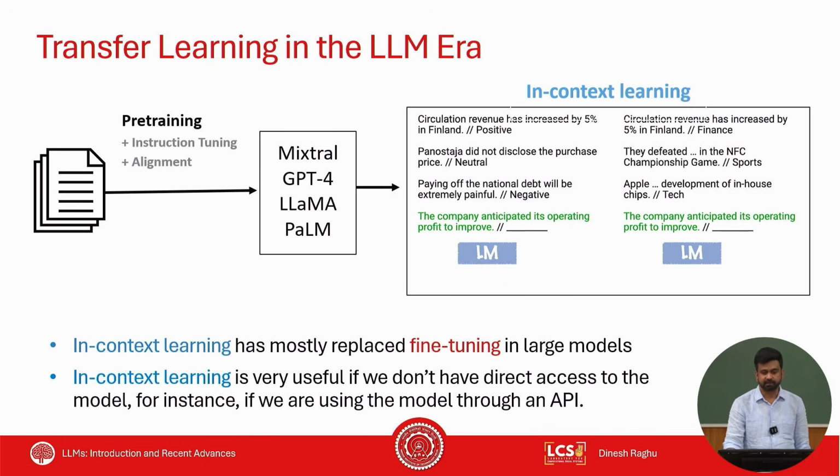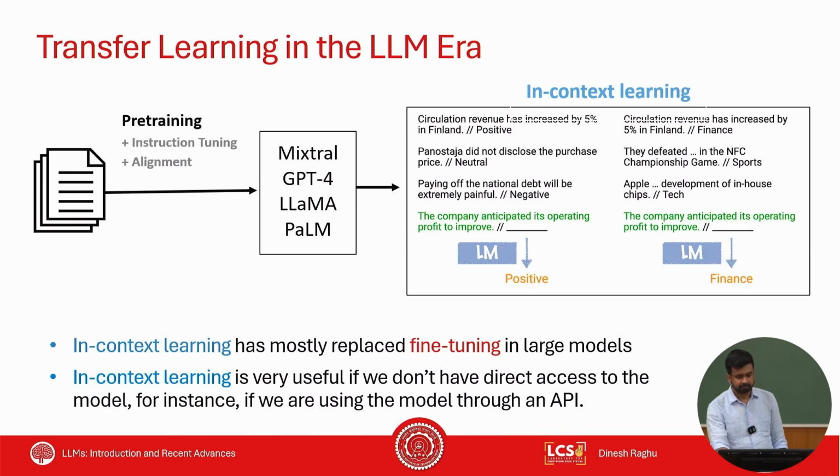Sometimes people specify a detailed set of instructions on how to solve the task. Sometimes people feed instructions along with some examples of input-output pairs so that the model learns better, right? So this was the beginning of a new era where we were able to solve a good number of NLP tasks by simply using in-context learning, right?